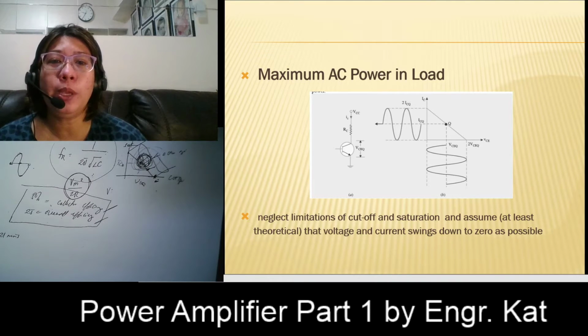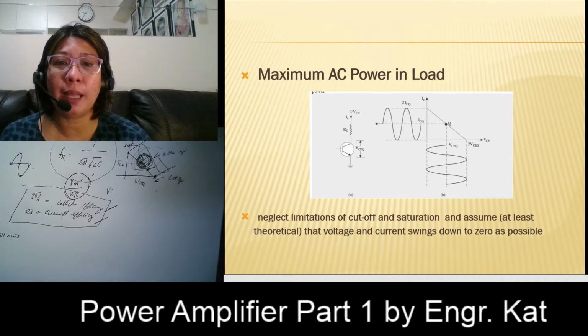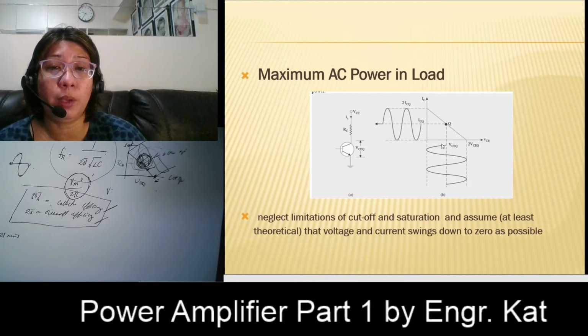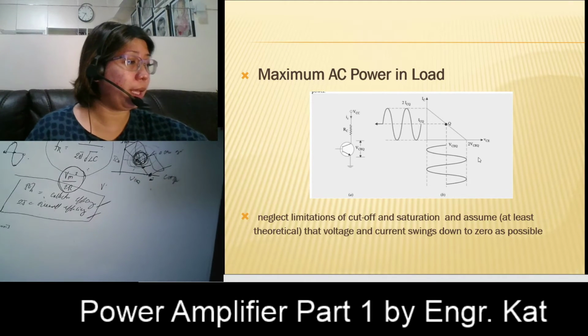Okay, so we are going to neglect the limitation of cutoff and saturation and assume, at least theoretically, that the voltage and current swing down to zero as possible. As you can see, we had your input here, which is already touching your cutoff and your saturation.